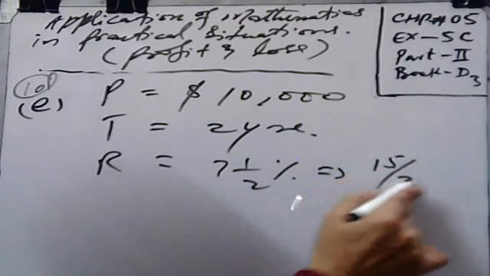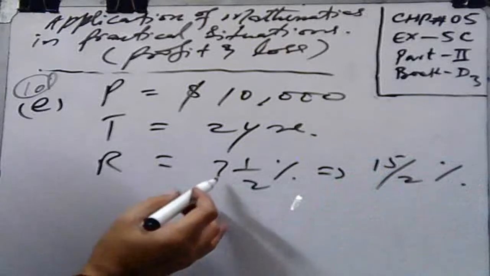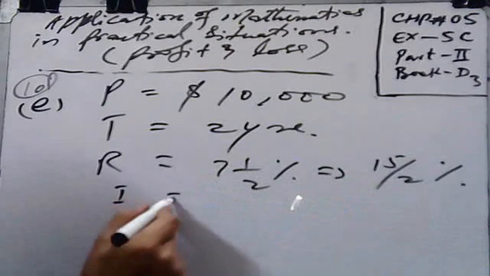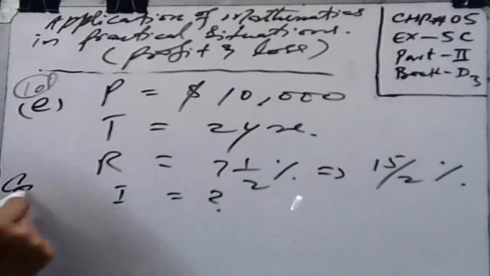Removing the whole number, 7 twos are 14 plus 1, so you can write 15 by 2. And once again it is compound interest.